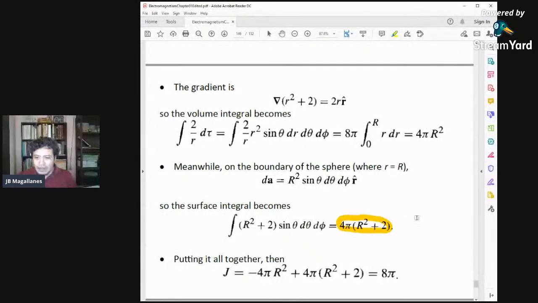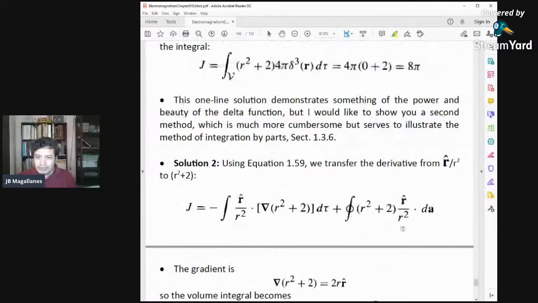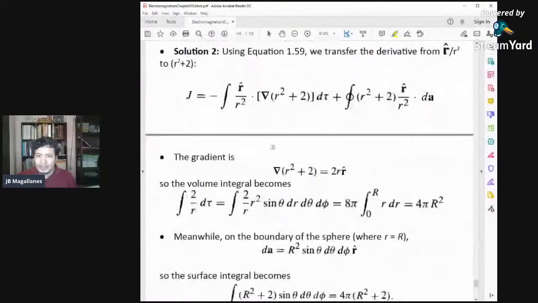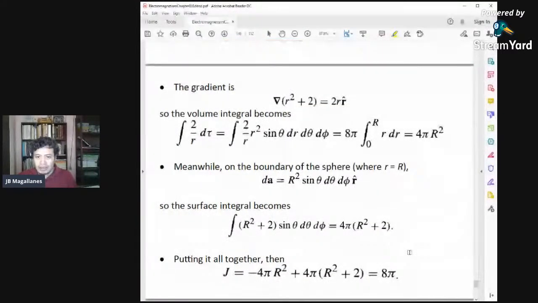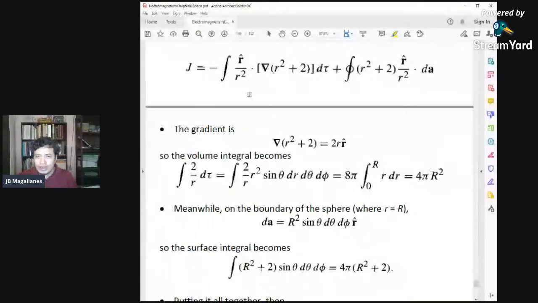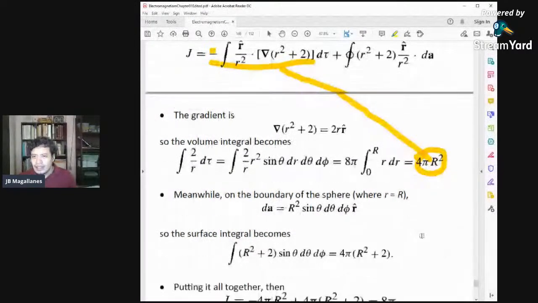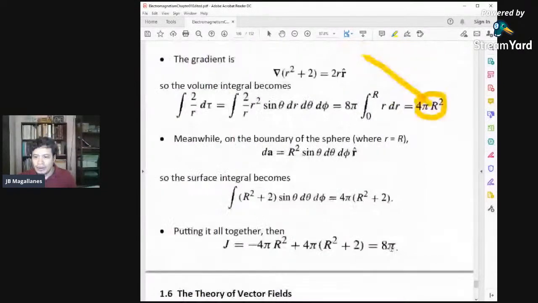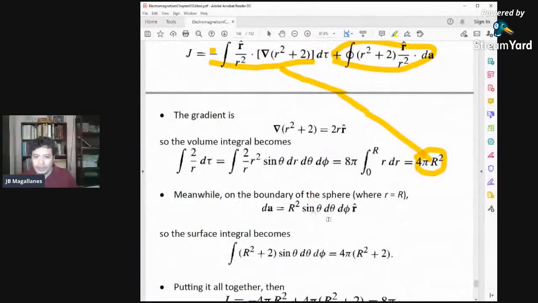So you now have two expressions. This one is integrated to be 4 pi R squared. That's negative 4 pi R squared if you consider the negative here. And this one has an integral equal to this. Sorry.